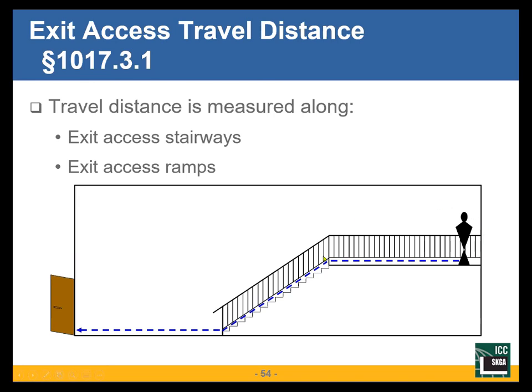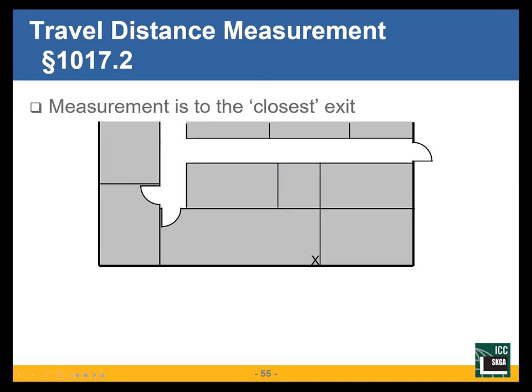So from this mezzanine, we evaluate the occupant load. Good. Now we look at the travel distance. What's my travel distance to the nearest exit? Travel distance measurement. We looked at this before when we were looking at common path of egress travel. So we're going to start here.